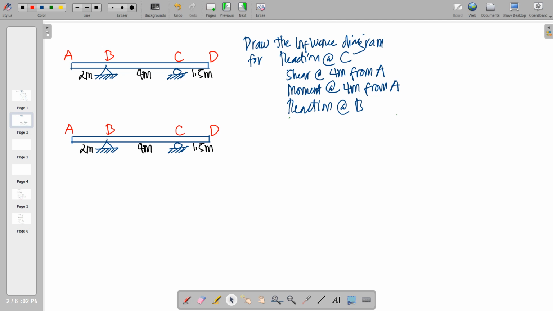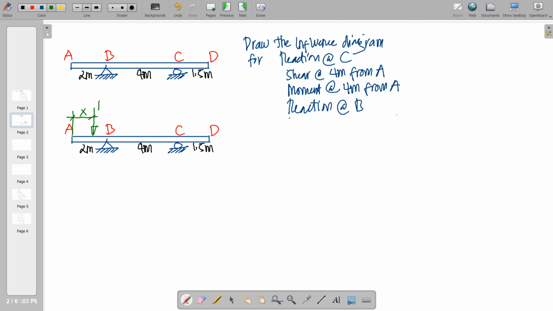So what I'm trying to point out is, of course, your unit load will start to exist on the first segment AB.